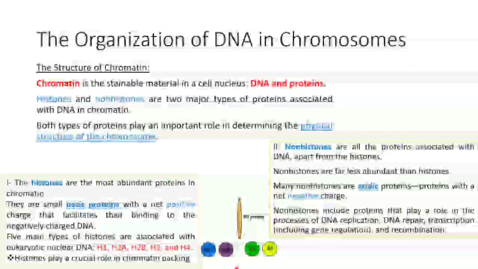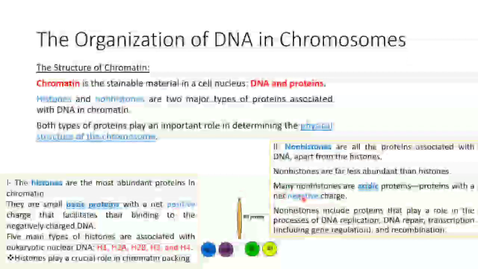5 types of histones are present, known as H1, H2A, H2B, H3, and H4. Okay, so these 5 types are very important in chromatin packing. In addition to the histone proteins, you can find non-histone proteins. Surely they are far less abundant than histones.